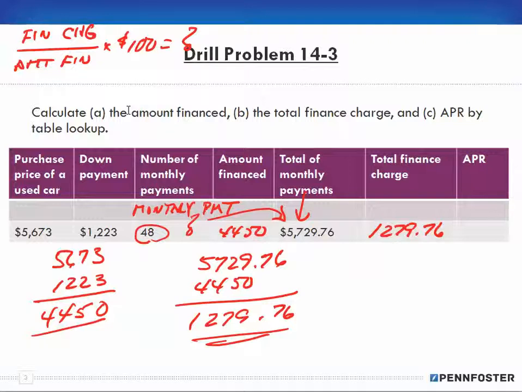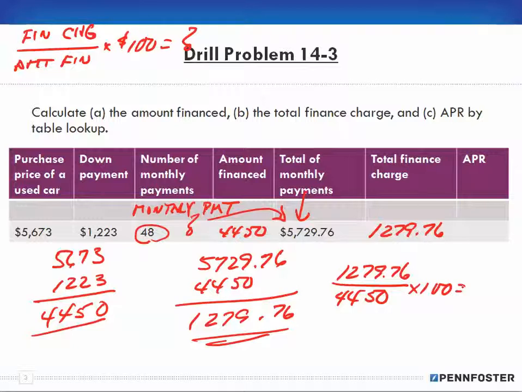So, in figuring out the APR, I'm taking the finance charge, which in this case is $1279.76, and I'm dividing it by the amount financed, which is the $4450, and then I'm multiplying it by 100. So if I take 1279.76 and punch this in the calculator, and divide it by 4450, I end up with 0.2875865.